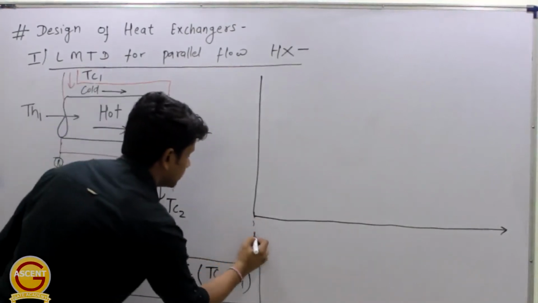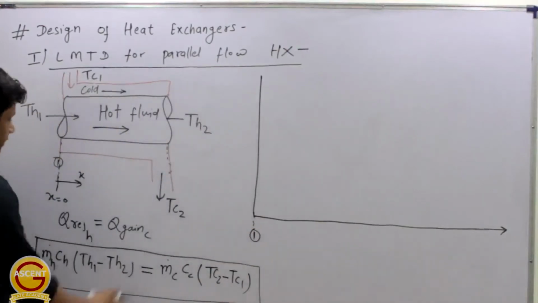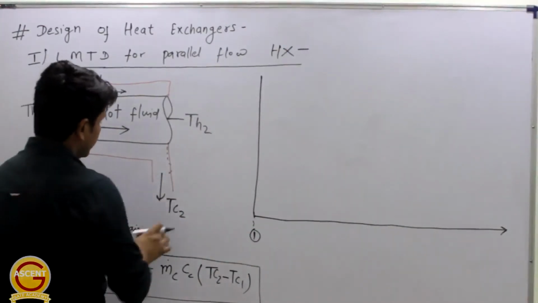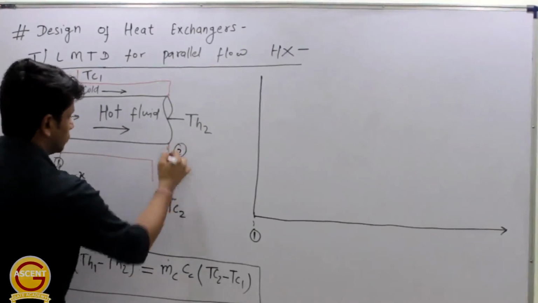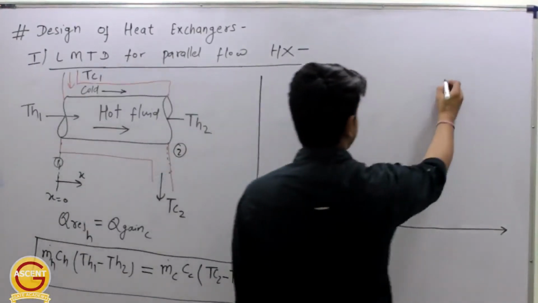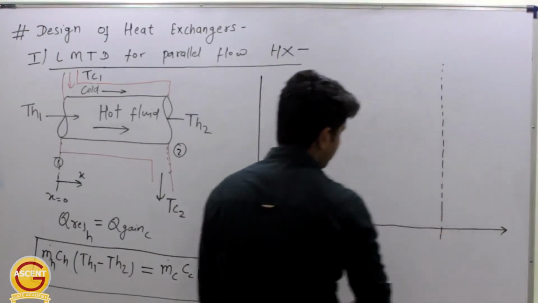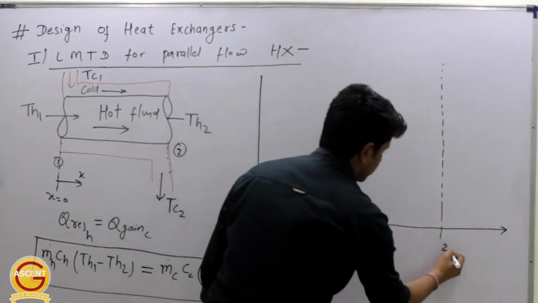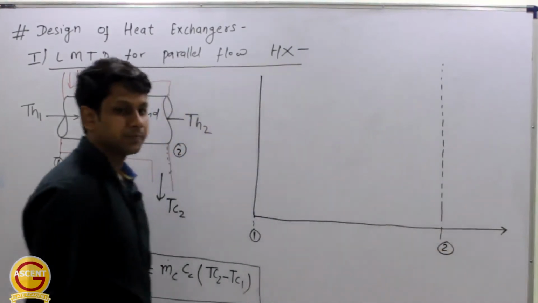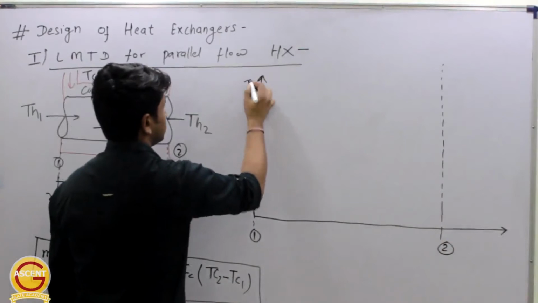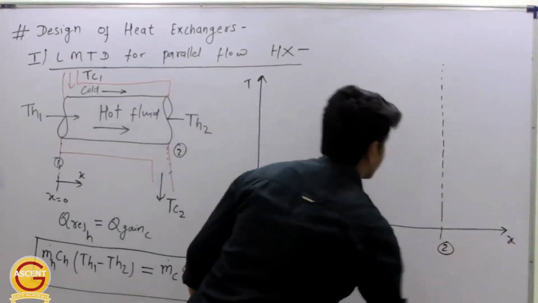And at the exit, let's say the length of this heat exchanger is L, the location is x equal to L and this location is taken as location 2. So this is temperature and this is x.